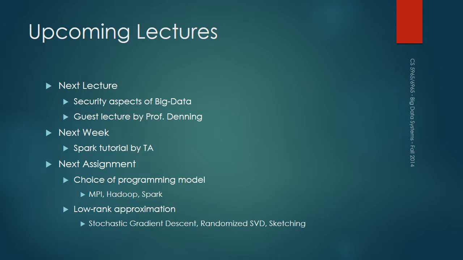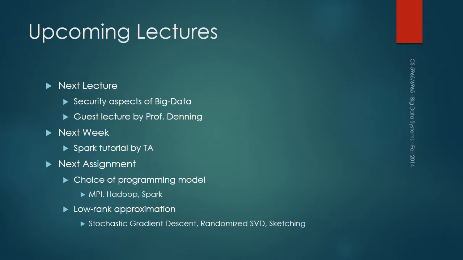I'm giving you a flexibility of choosing the programming model. You can use MPI, Hadoop, or Spark. I would suggest, especially if you're happy with the TA covering Spark next time, that you opt for Spark. It's going to do you a lot of good, and many of these are probably ideally suited for either MPI or Spark.